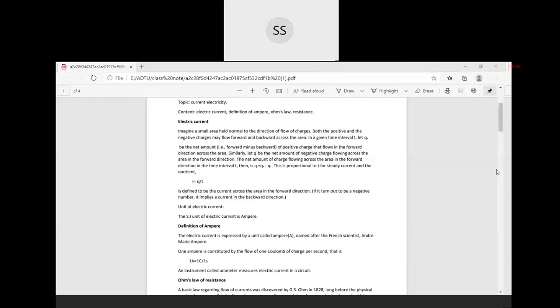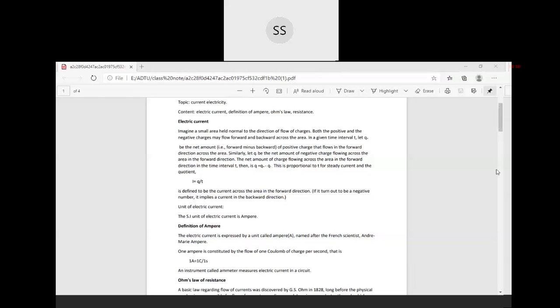Okay, so we know that when Q amount of charge flows in an electric circuit in time t, then the amount of current produced in that circuit is I equal to Q divided by T, or current is the rate of flow of electric charge. We also know that the SI unit of electric current is ampere. So what is 1 ampere current?